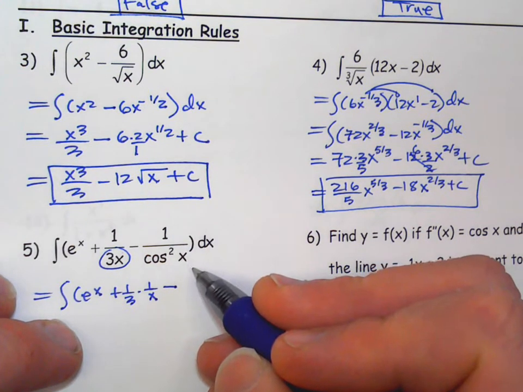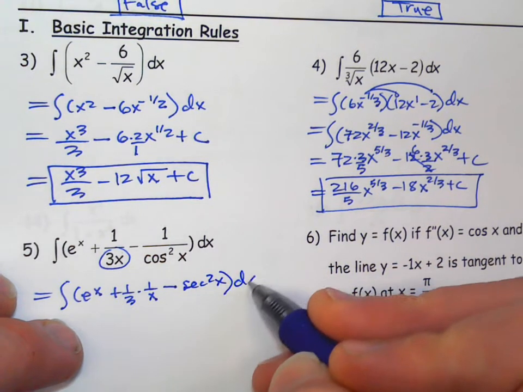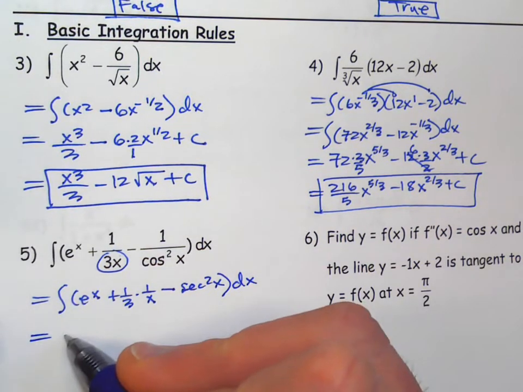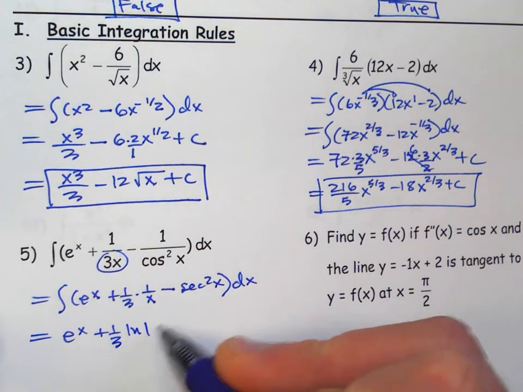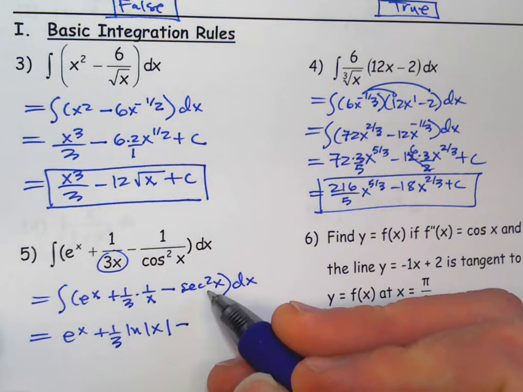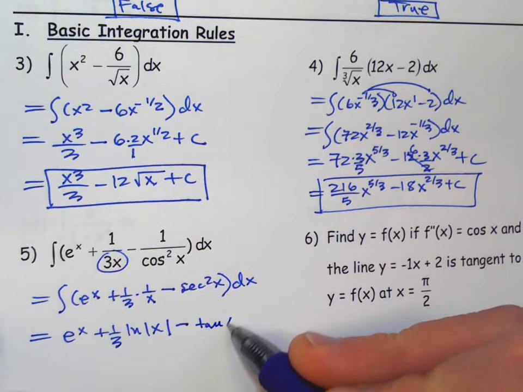The integral of cosine norm, secant squared, is actually one of our memorized derivatives. So it's going to be e to the x plus 1/3 natural log of the absolute value of x minus, what do you take a derivative of to get secant squared? Tangent, right? Tangent.